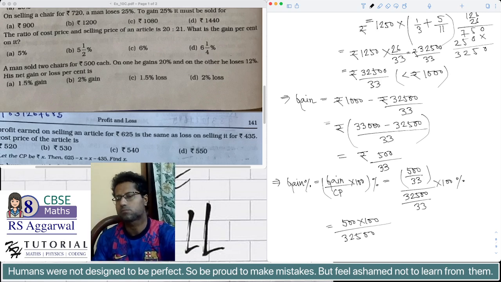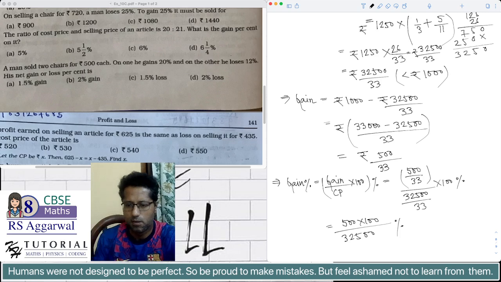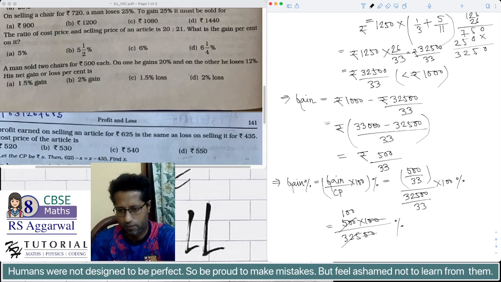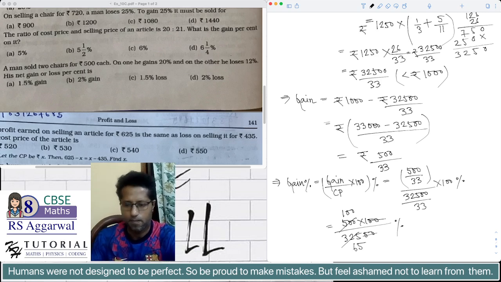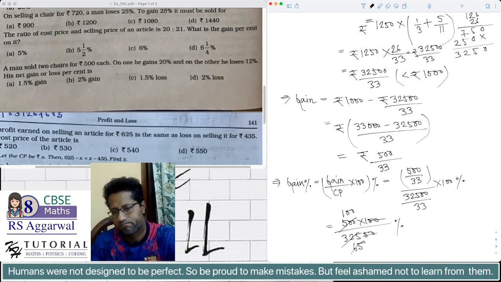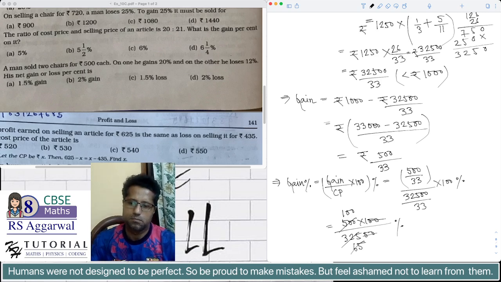32500, this much percentage. If we simplify this, 0 cancels out. 5 divides 500 with 100, 5 divides 325 with 65, 5 divides 65 with 13, and 20.